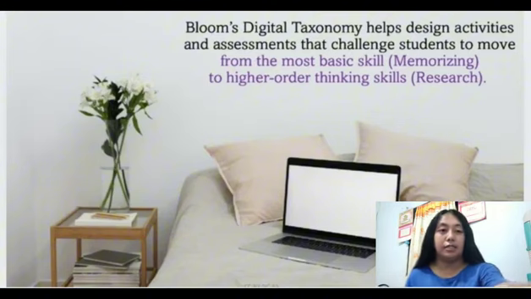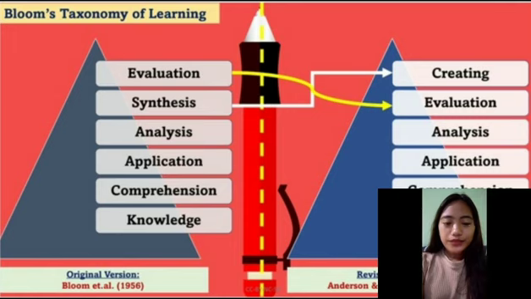Bloom's Taxonomy of Learning. The original version of Bloom's taxonomy was published in 1956. It was created by Benjamin Bloom, and consists of knowledge, comprehension, application, analysis, synthesis, and evaluation, while the revised Bloom's taxonomy was made by Bloom's student, Anderson, and Krathwohl.